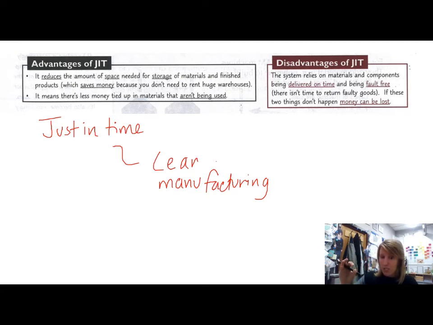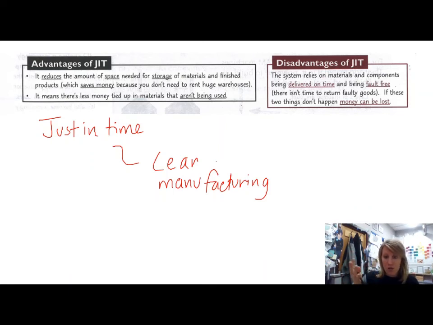It would be manufactured and then sent out straight away to the customer. So you are reducing the amount of materials that you need to store. You're stopping any of your products having to go into storage, like into warehousing, which would obviously cost a lot of lighting, security, heating, and so on. Also, it means that you don't have loads of money tied up in materials that aren't being used.